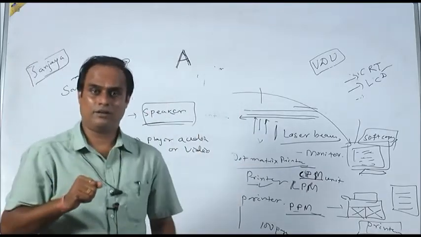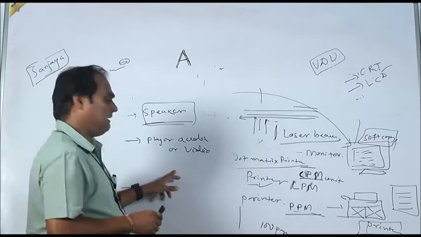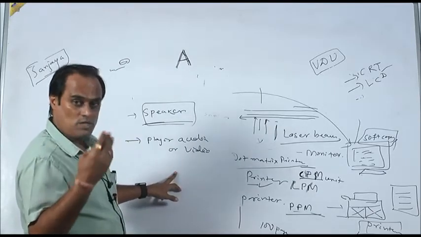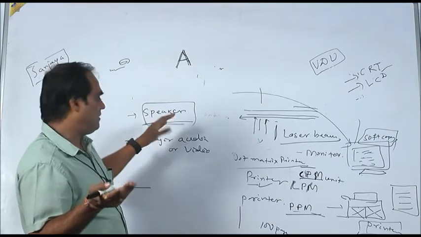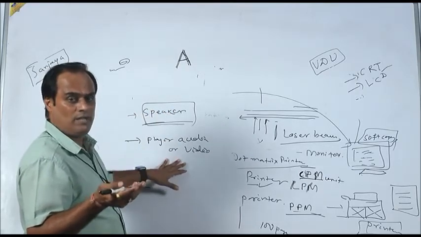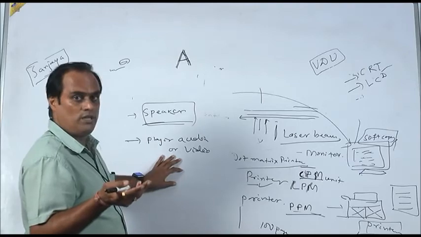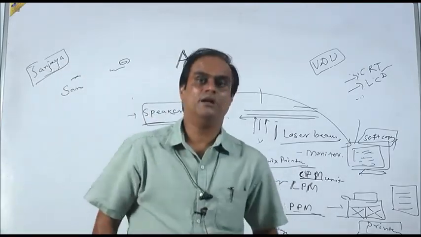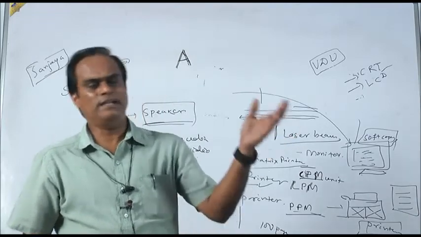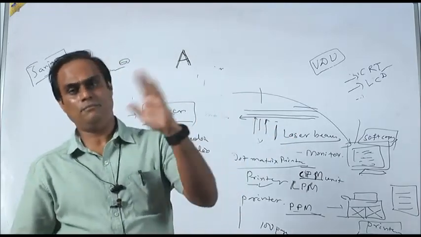How are you listening to the song? Definitely if there is no speaker, you can't play that audio file, yes or no. So, different audio files or video files can be audible because of the speaker. The speaker is used in the computer for listening to songs or playing any audio files.